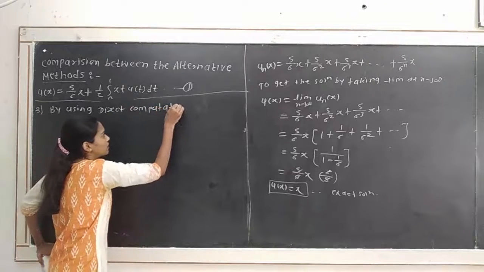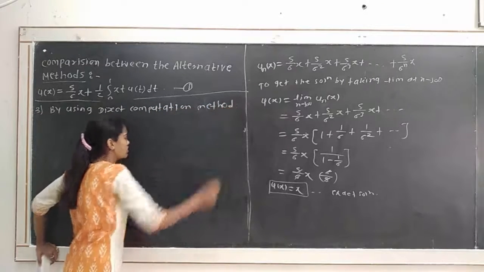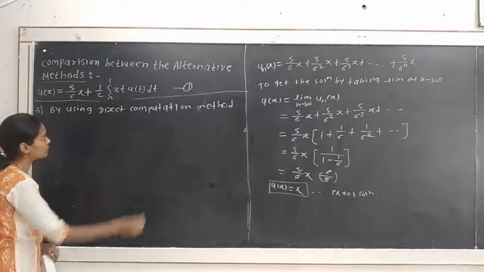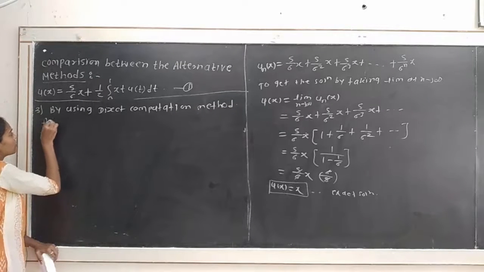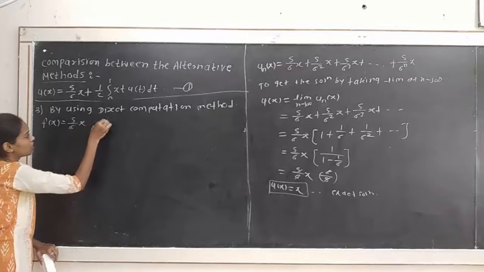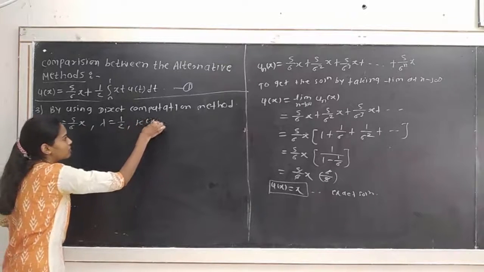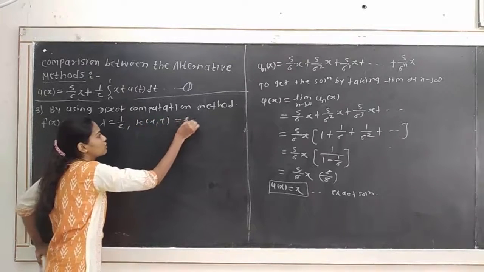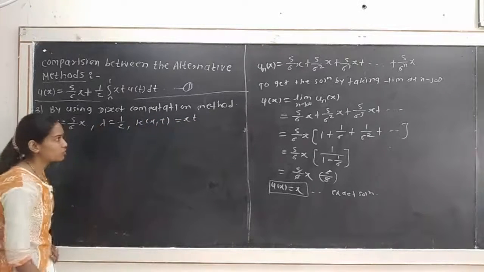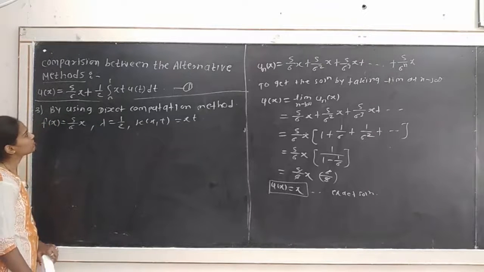In the direct computation method, f of x will be equal to 5 divided by 6 into x, lambda will be 1 divided by 2, and the kernel k of x, t will be x into t. This is a separable kernel and non-homogeneous, so we use the method.